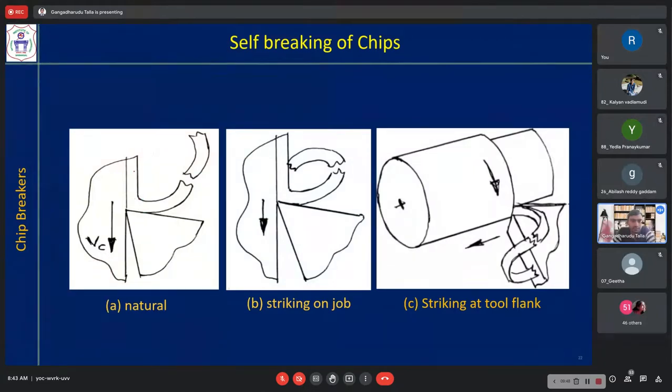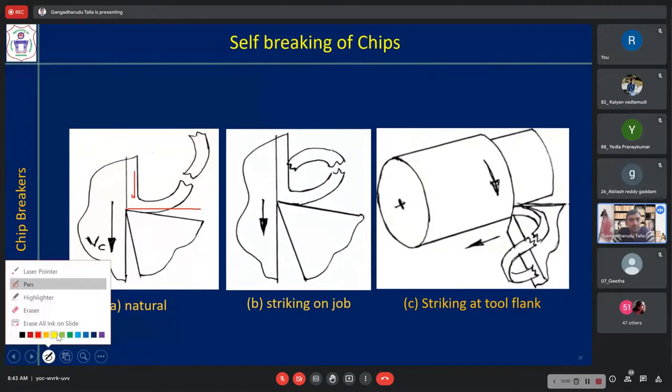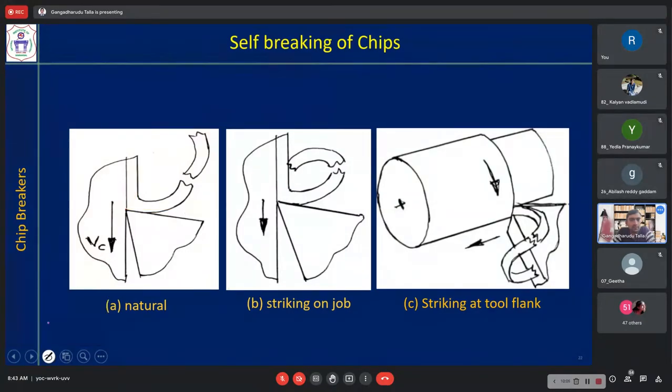The chip is flowing in this direction and hitting this. It is not a straight beam, but it is in that shape. Once it is hitting here, it has to change its direction, so it will bend.